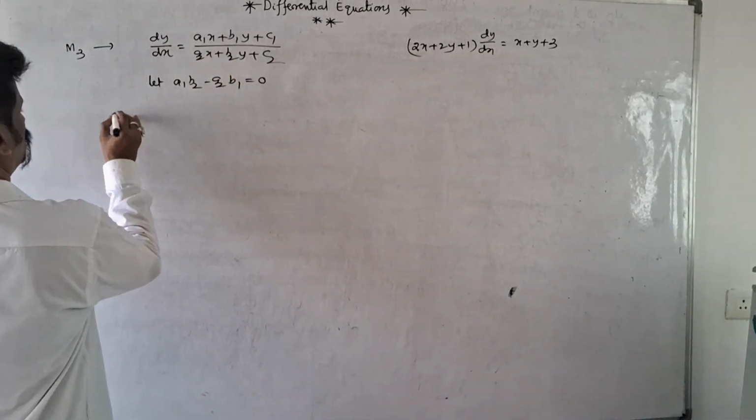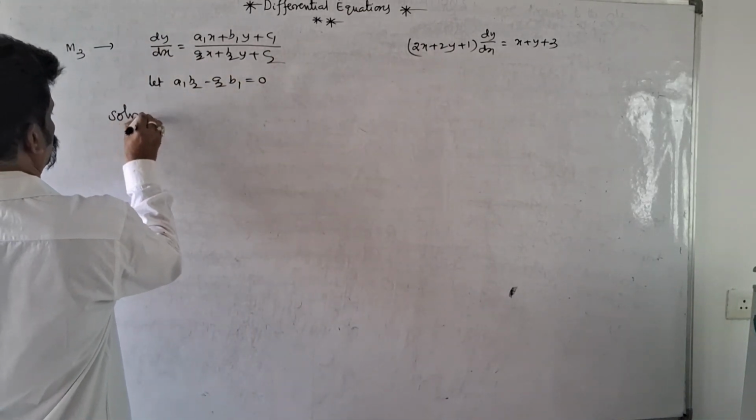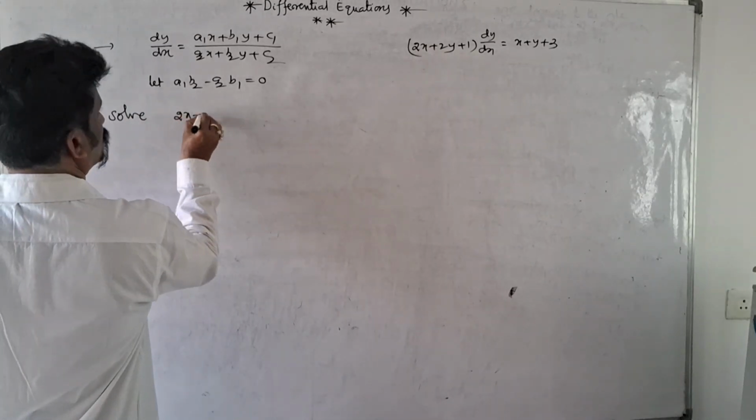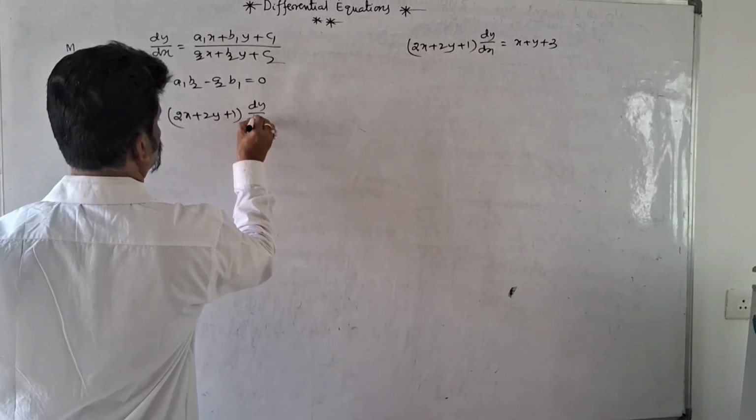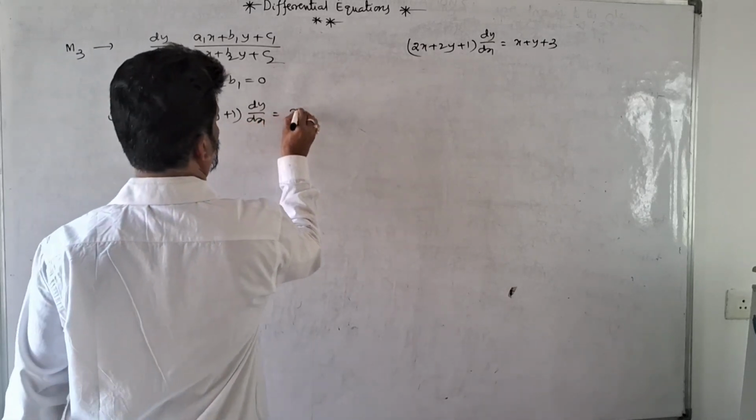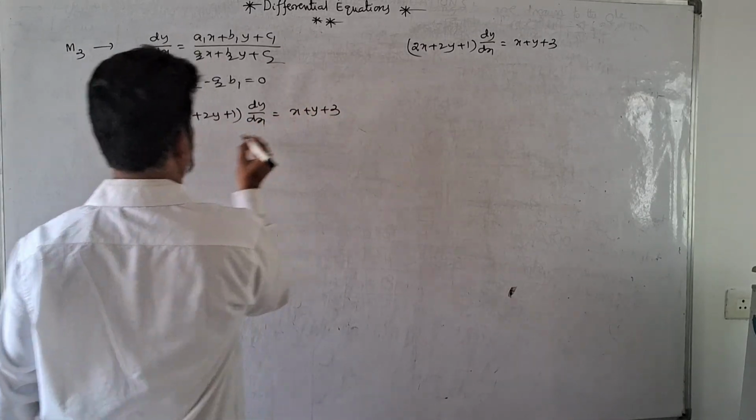Suppose look at this one question given. So 2x plus 2y plus 1 into dy by dx is equal to x plus y plus 3.